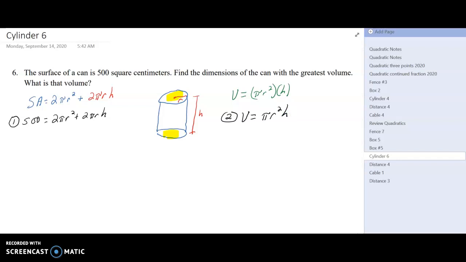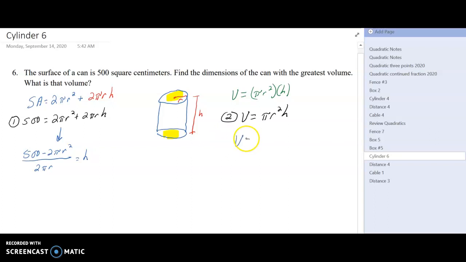So we need to solve for h, so I'm going to take this equation here and rearrange it for h. You could solve for r if you prefer, or r squared, but I think it's easier just to solve for h. So h is equal to 500 minus 2 pi r squared, over 2 pi r. Then going back into equation number 2, we can substitute.